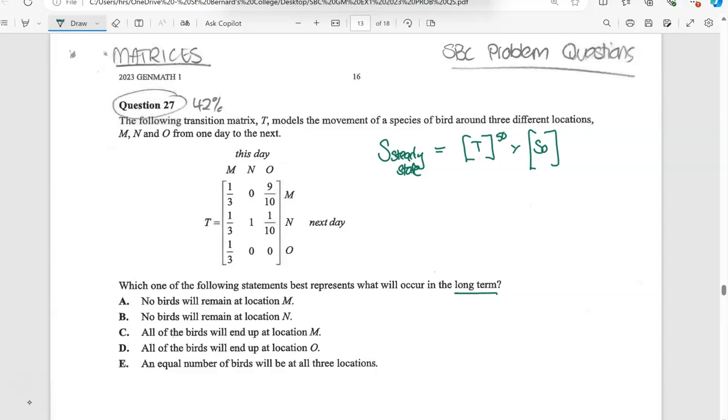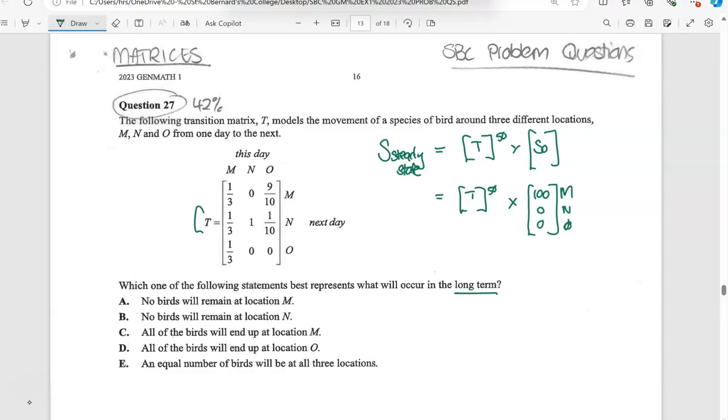Now, because they're just talking about the birds and where they end up, I'm just going to do the transition. So I'll type this into my calculator, raise it to a high power, and times it by M, N, O. It doesn't matter where I put it, I'm going to say 100% of the data is in there.